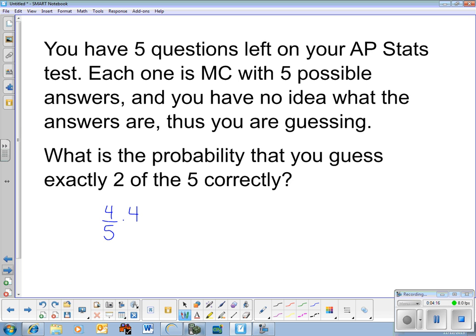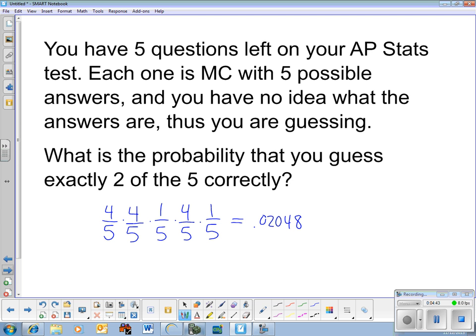Let's say I get the first one wrong, the second one wrong, the third one right, the 4th one wrong, and the 5th one right. A lot of people, if I just give you this question before you know about probabilities and binomials, would give me this, and I believe this equals 0.02048.